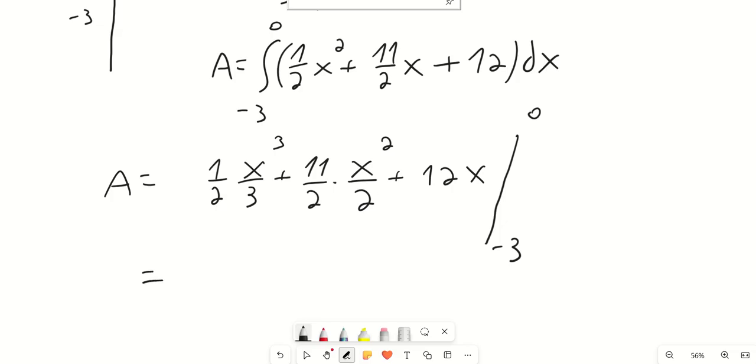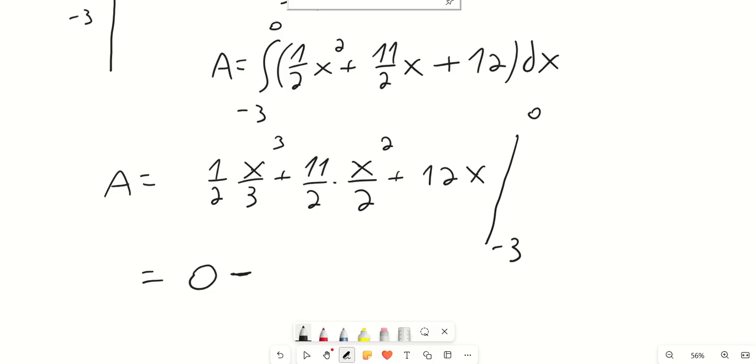I start by putting the upper boundary, which is 0. If I put it here, here, and here, it's all going to be 0. And then I put a minus, and now I have to plug in the lower boundary.